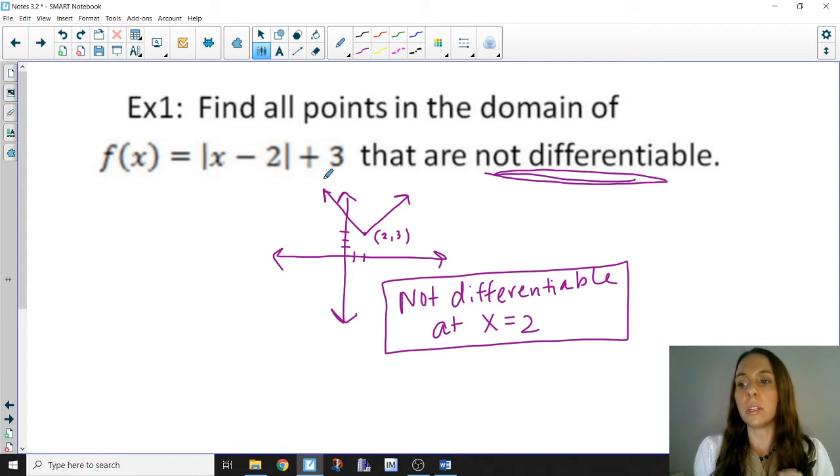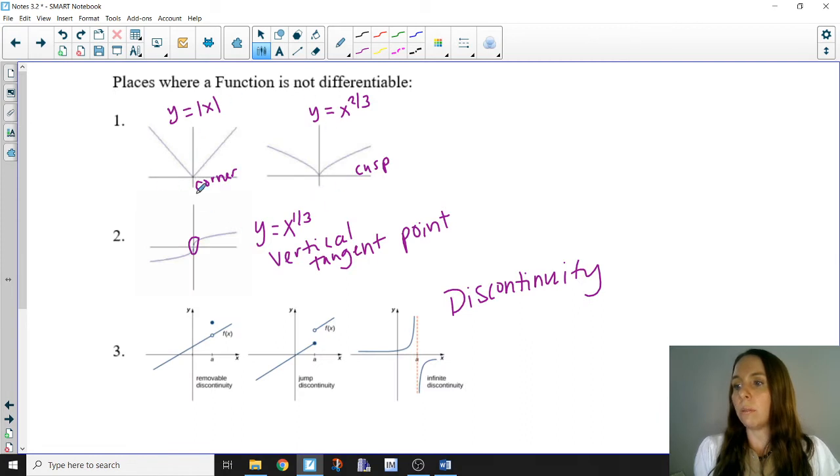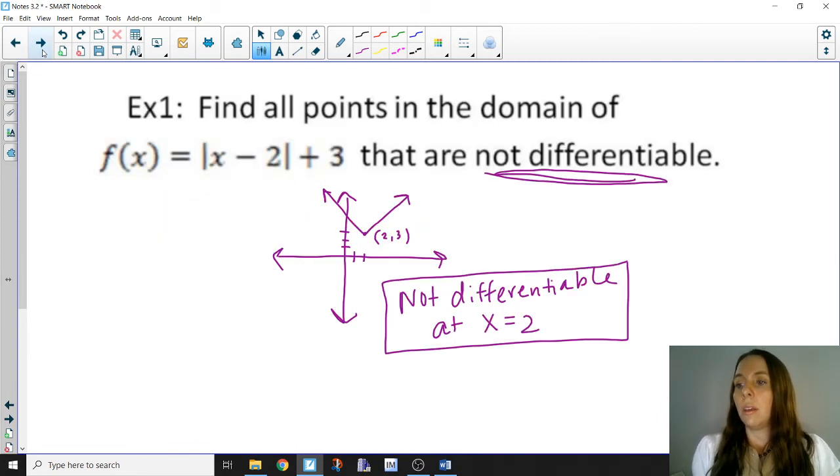You also need to look at sharp points, vertical tangent points, these things that we talked about right here. Corner, cusp, vertical tangent, that sort of thing. You need to keep in mind that these points are continuous, right? There is no break in this V graph. It is continuous, but it is still not differentiable at x equals 2 because of that sharp turn.